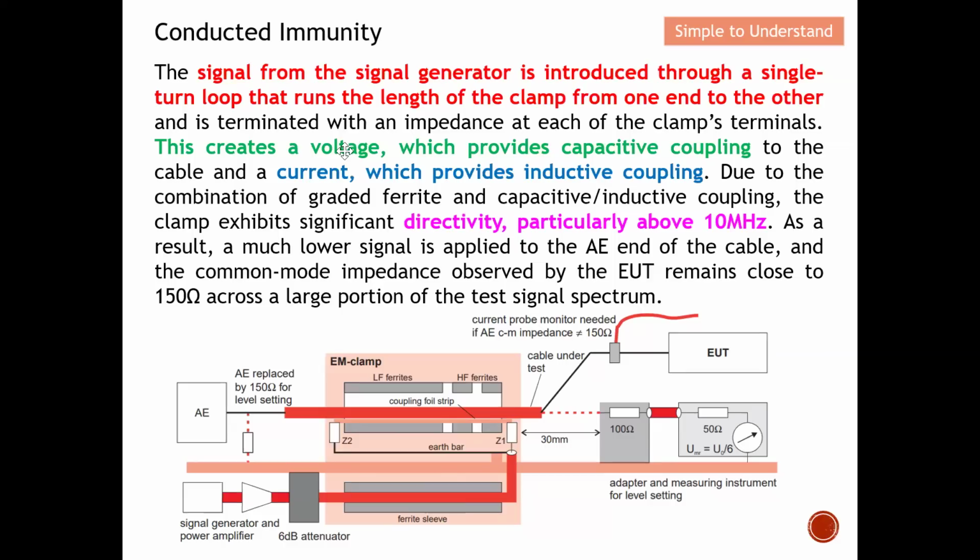Okay, this actually creates a voltage which provides capacitive coupling. Basically, in order for the signal to travel, you need to have a voltage difference. Once you have a voltage difference, you generate capacitive coupling, and because of this, you also induce a current. Once you induce a current, this provides another coupling, which is the inductive coupling.